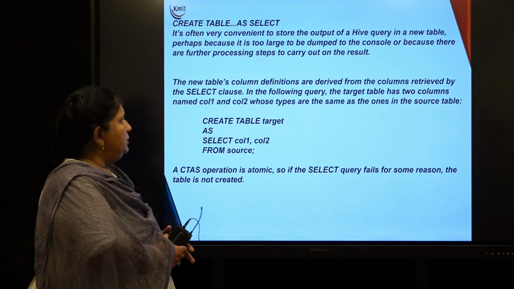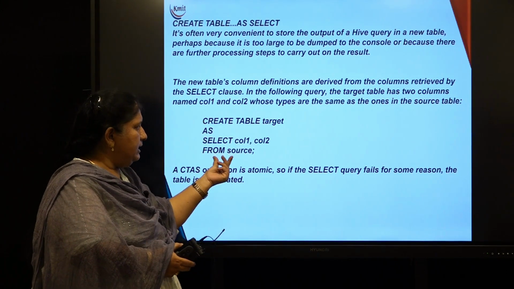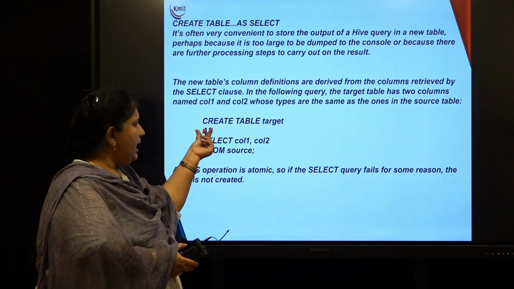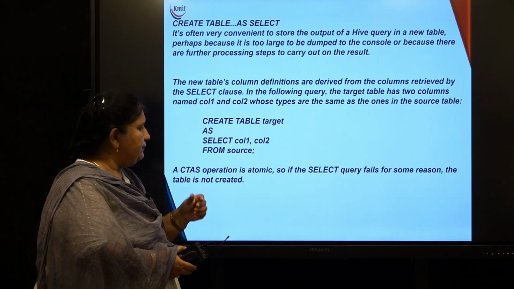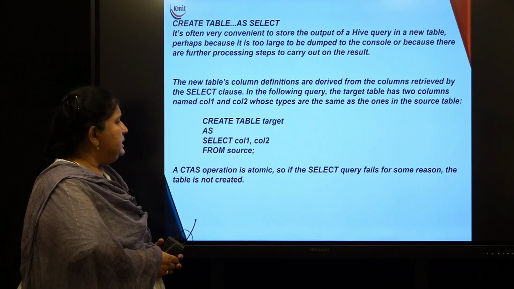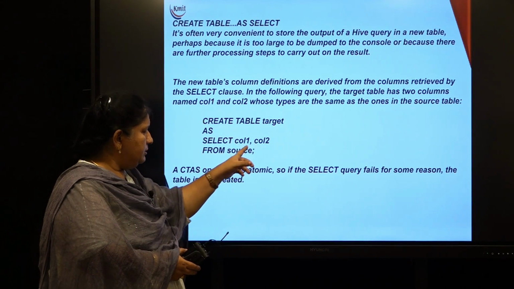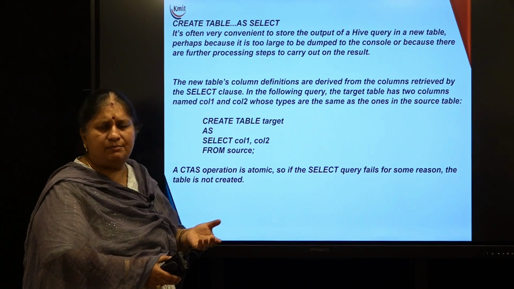As I told, we can use the create table so and so as select statement. Create table as select, this is the structure we call. Say for example, this select query is failing for some reason.